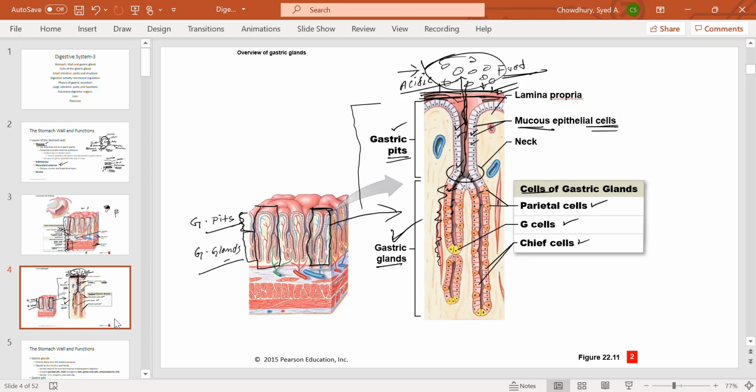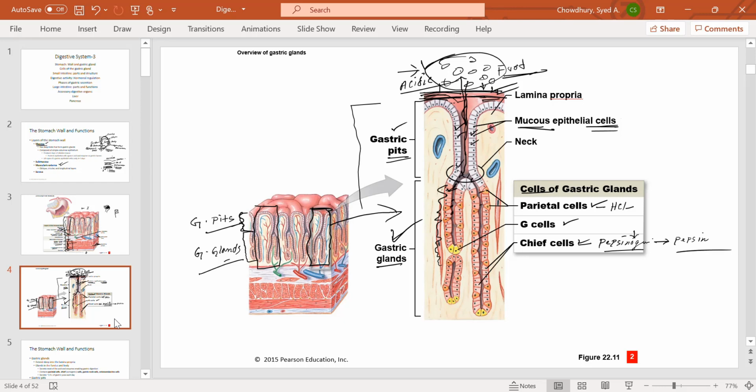Okay, the parietal cells secrete hydrochloric acid in adults. The chief cells secrete pepsinogen, okay, which is an inactive form of pepsin, and when hydrochloric acid works on it, it is converted to pepsin.